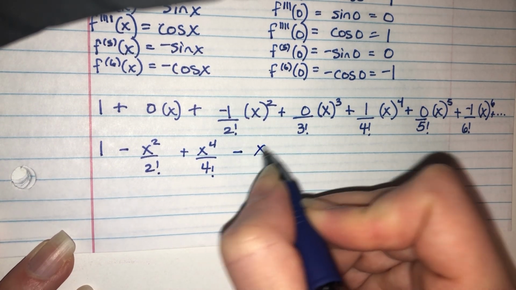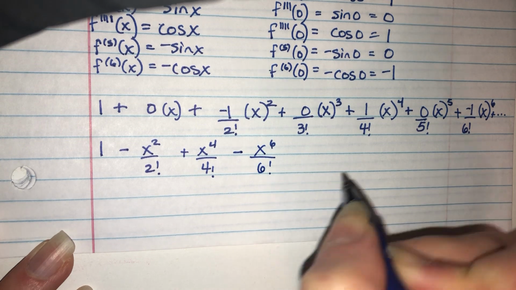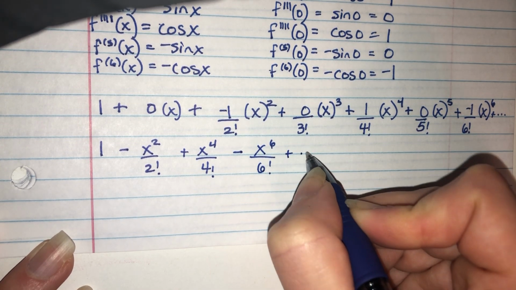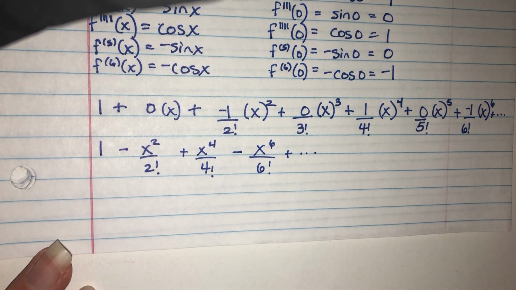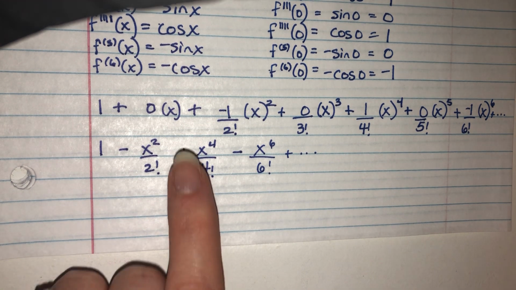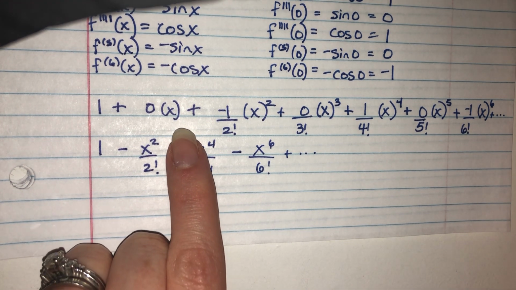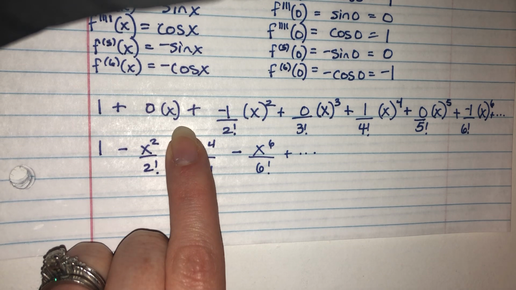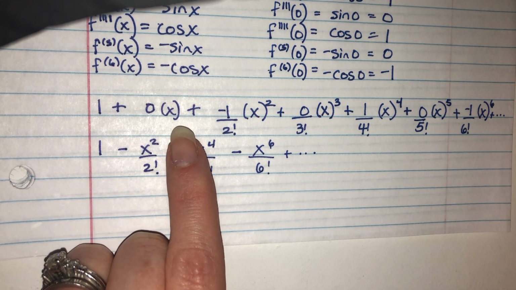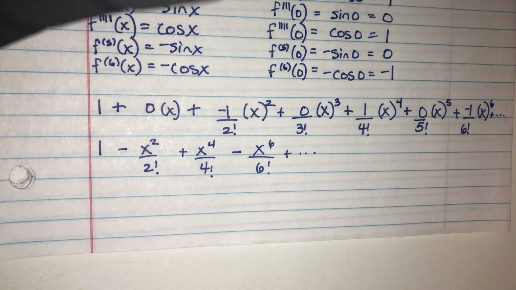Minus x to the 6th over 6 factorial plus dot, dot, dot. Now, can we come up with a general rule for this? Hang on, I believe I've made a... No, I didn't make a mistake. I'm sorry. I got confused.